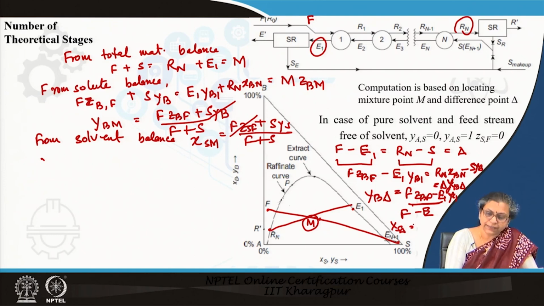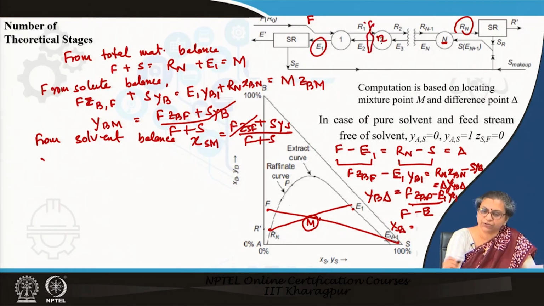Now, we find that instead of doing it for the entire plant, we can write down such equations for any particular individual stage. Say instead of writing it for the last stage n, we can write it for any particular intermediate stage. Say for example, this is the stage n.